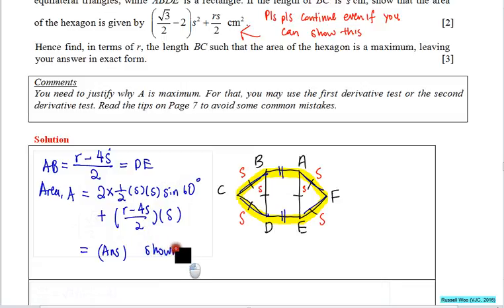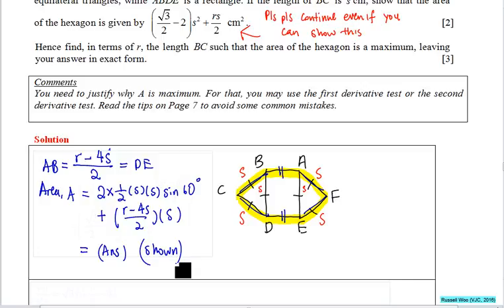I don't want to write, lazy, you do on your own. This is the more important line. From here to here is quite standard. Sine 60 is root 3 over 2. And simplify. Question? All alright? Okay, let's carry on.